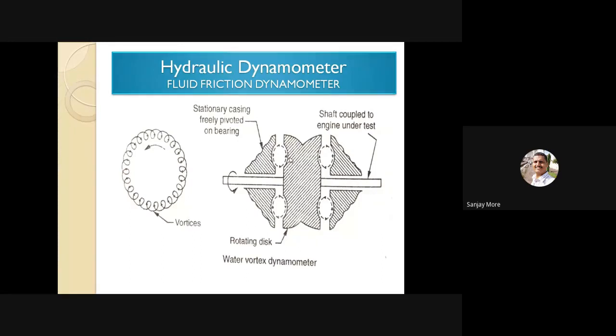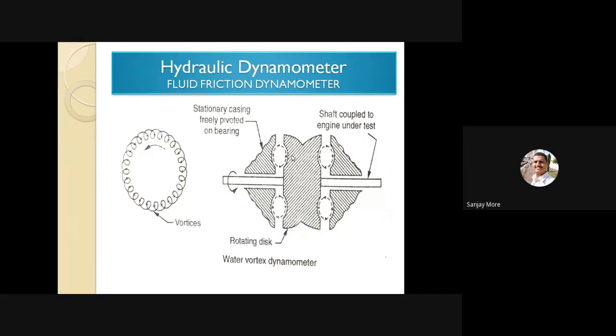This rotating disc rotates with the help of the stationary casing, a frictionless bearing is there, and the other side of this rotating disc is connected to a shaft, and this shaft is connected to the engine to measure the torque.